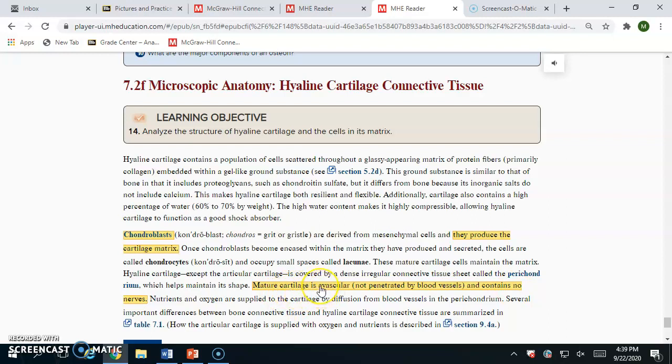It still has cells in it, chondroblasts and chondrocytes, so it's still going to need oxygen and nutrients from the blood. It gets them by diffusion from blood vessels that are adjacent to that hyaline cartilage. But there are not actually any blood vessels or sensory nerves in cartilage.